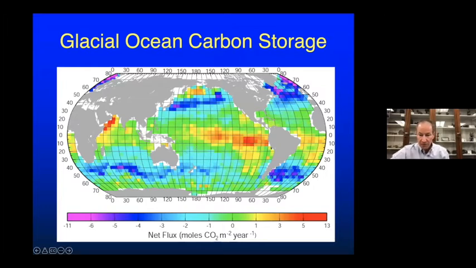Carbon is puffed out of places where water upwells from the deep ocean, and carbon dioxide sinks back into the ocean in other locations. And we think that in the pre-industrial late Holocene ocean, these inputs and outputs of carbon dioxide were approximately in balance.